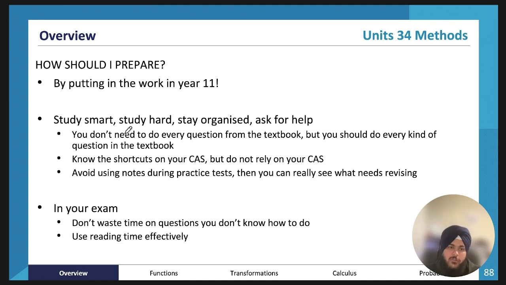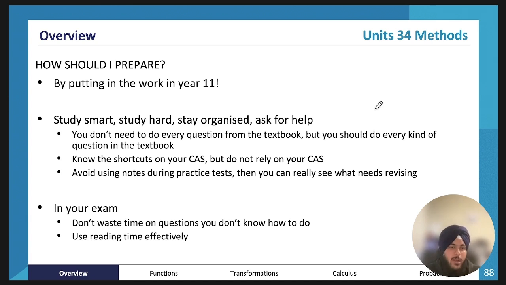If there are any doubts or uncertainties in your knowledge, ask your teacher and get all that cleared off before you go into year 12, so that you're ready to build on your knowledge as opposed to having a really weak foundation and working on that foundation next year. Study smart, study hard, stay organized, ask for help, all those general things.